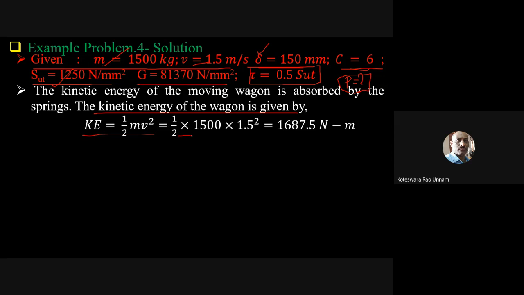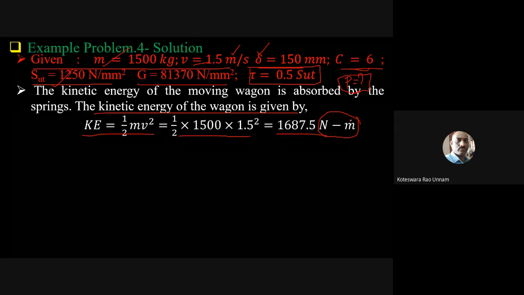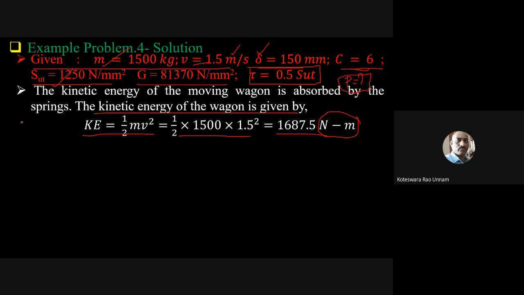If I substitute that data, half into m into v square, 1.5 square, it comes out as 1687.5. But the unit here is important: it is in Newton meter because I have taken velocity in meter per second. So here I'll get only Newton meters. But our delta is given in mm, 150 mm.